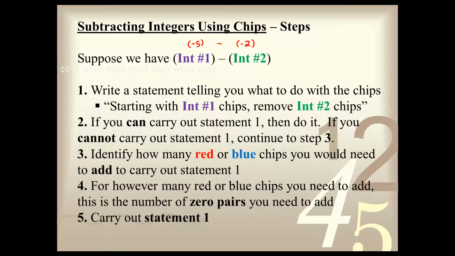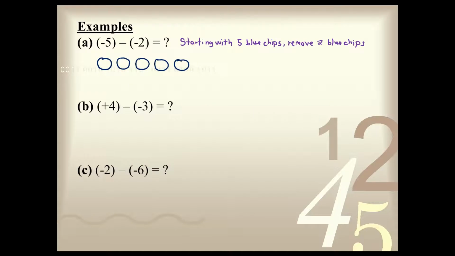Step 2 says if you can carry out the statement, then just do it. Well, look, the statement's telling me starting with 5 blue chips, take away 2 of them. So I can go ahead and do that. Just remove 2 of these blue chips. Put a cross through here, put a cross through there. What am I left with now? I'm left with 3 blue chips, which has a value of -3.